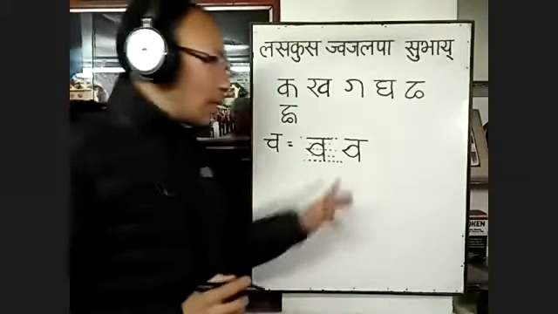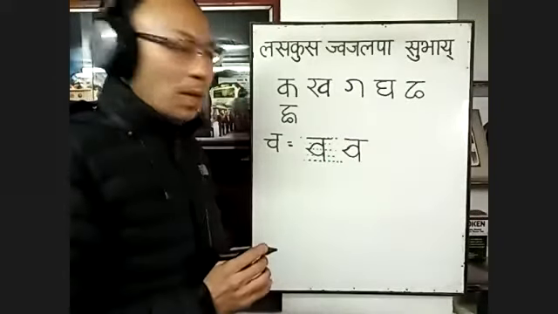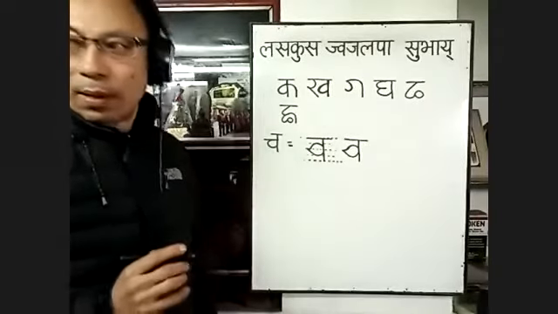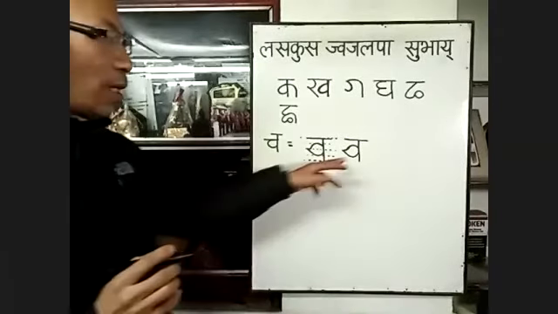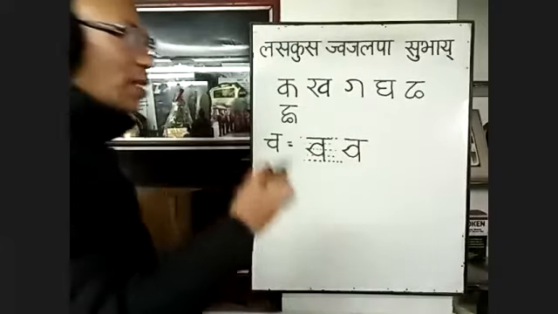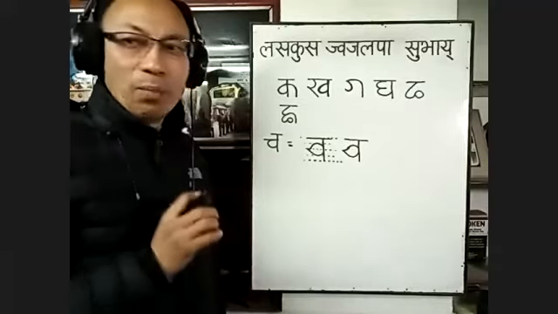And this is the single line touching at the mo. This letter has a single line touching at the mo. So we don't give any sign to this kind of letter. We don't give any sign to those letters which have a single line touching at the mo.